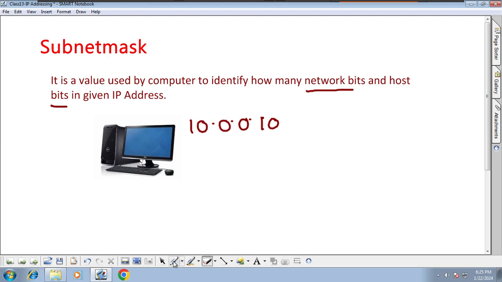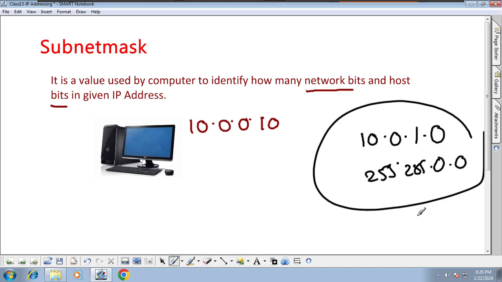But when a problem appears, when you do subnetting, for 10.0.1.0 the subnet mask will be 255.255.0.0. See, this is different. Will the computer take this subnet mask value rather than 255.0.0.0? No. Whenever you type an IP address belonging to the class A range, it will get the subnet mask belonging to that range.